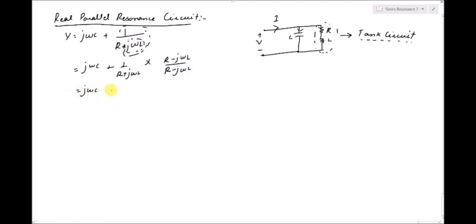j omega C plus R minus j omega L over R square plus omega square L square.